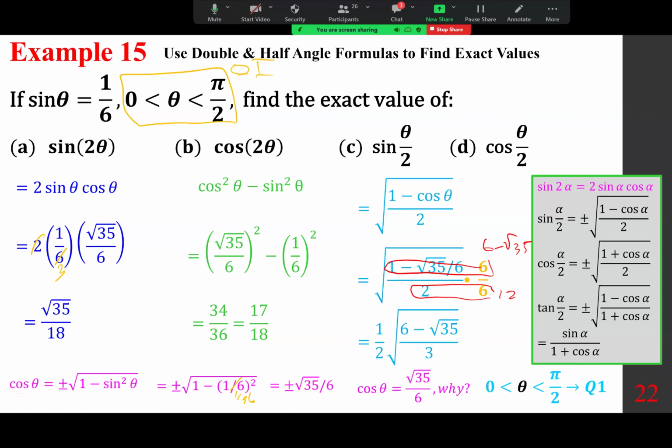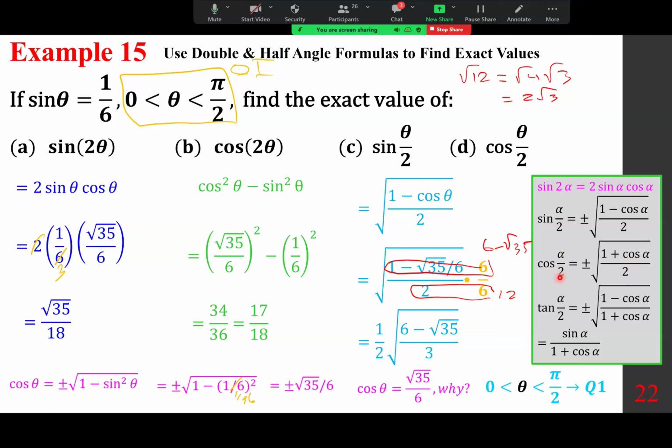So 6 minus square root of 35 remains, but what happens to 12? I want to show you here. Square root of 12 is square root of 4 times square root of 3, so it's 2 square root of 3. Please understand, the denominator is 12, and it becomes 2 square root of 3. So that's the answer for sine of theta over 2.